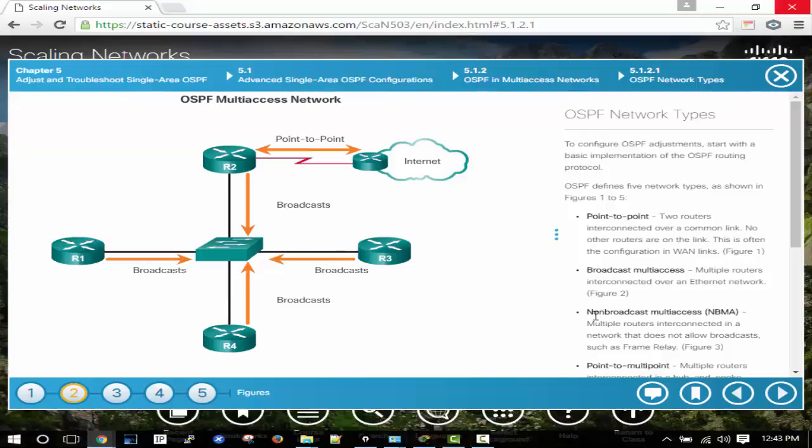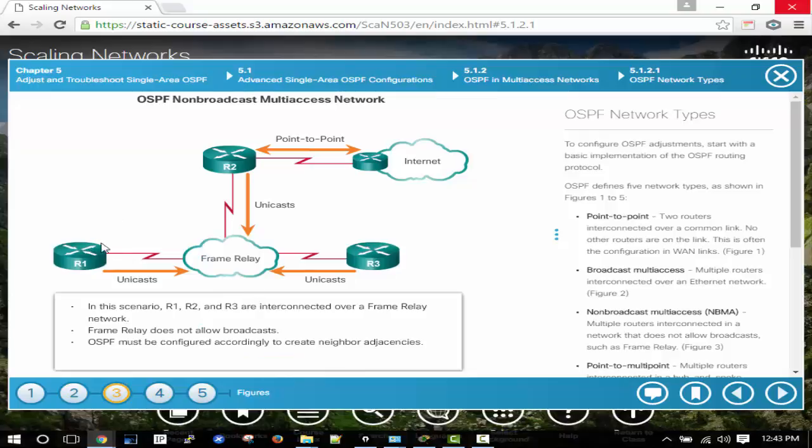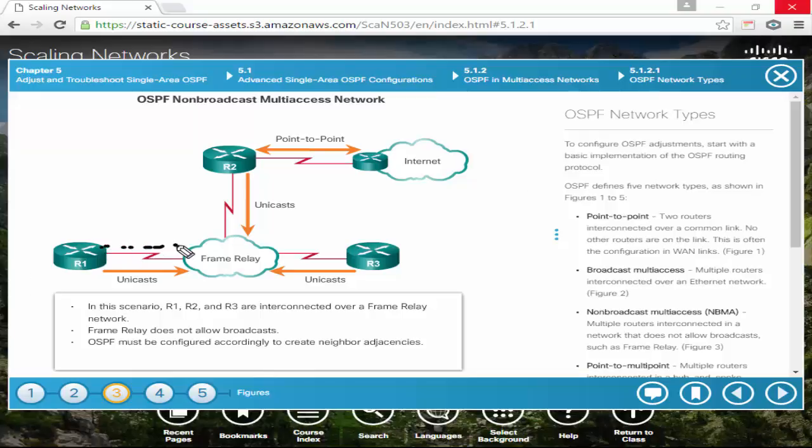Then our next one, which is non-broadcast multi-access. It's something like frame relay, which you guys will learn about in CCNA3. And basically, it's going over these serials, and frame relay is slow. We're talking usually in the KB.